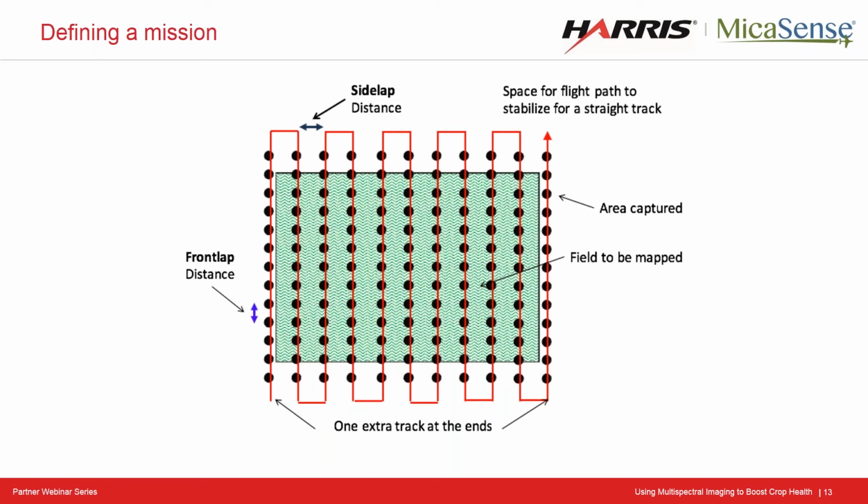Front lap is what we call the overlap that's occurring between two images that are captured on the same flight path. Then we fly up to the top and we cross over again. We come down for the next flight. Before we do that, you see that horizontal line, that's representing side lap. Side lap is the distance between two images that were captured on separate passes. That'll help you understand the next slide.